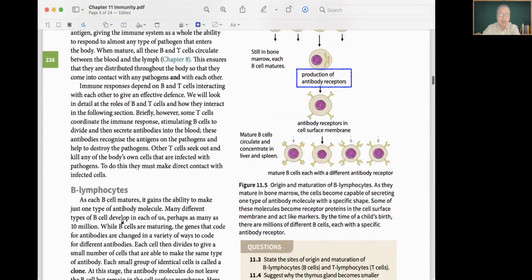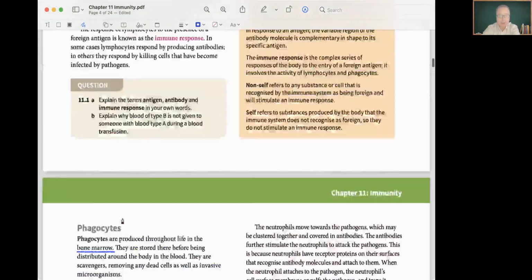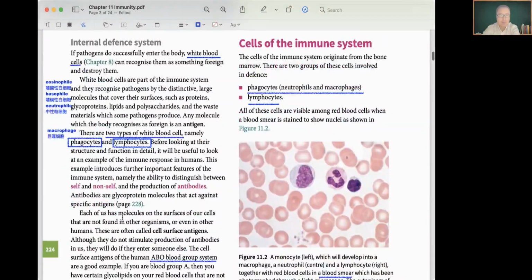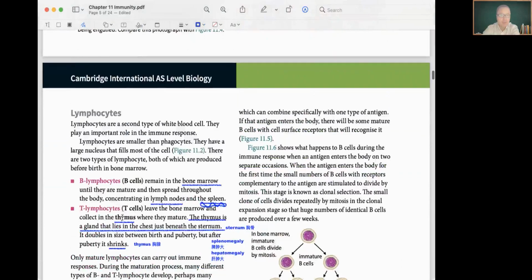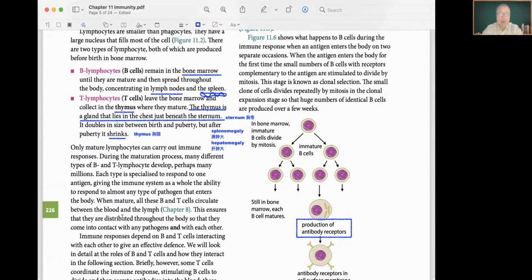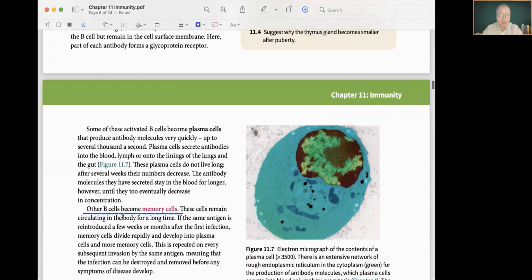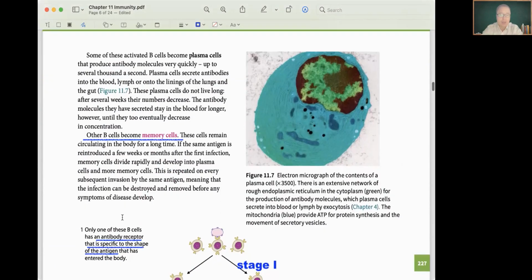Well, anyway, you've got to know that there are two kinds of T lymphocytes: one is T4, another is T8.